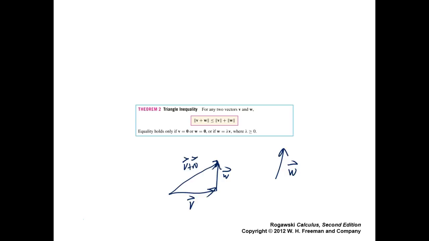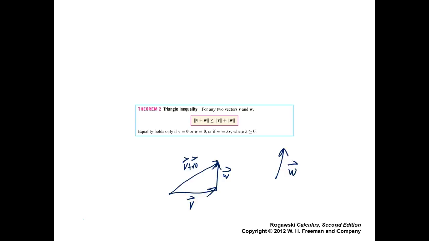So the magnitude of this is always less than or equal to the sum of the magnitudes. Only if these are collinear and in the same direction can it be equal, or if one of those is 0, then obviously it's equal. If that was 0, then the magnitude of V plus W is the magnitude of W. So that's sort of trivial. Okay. So that's your triangle inequality.